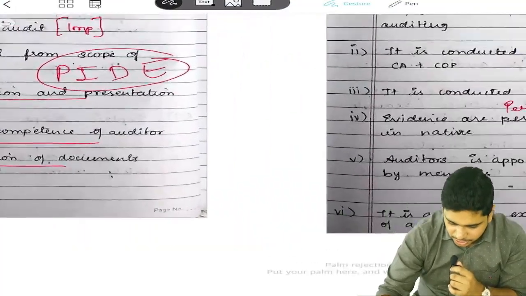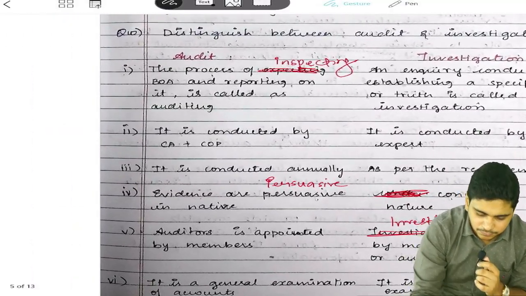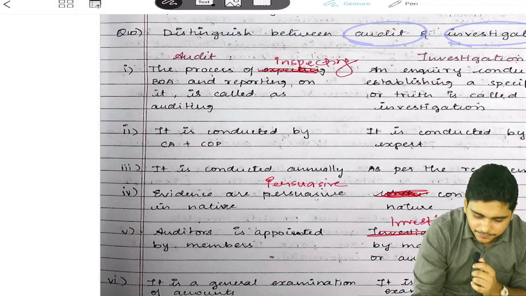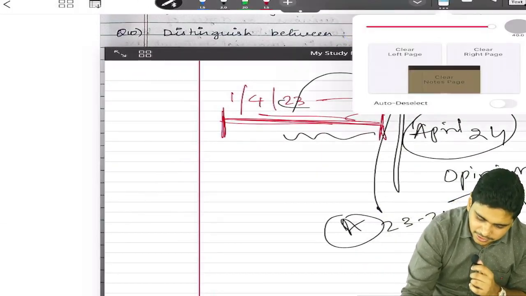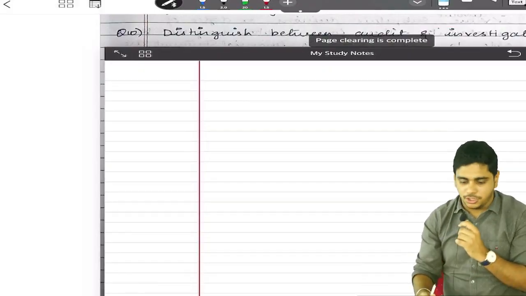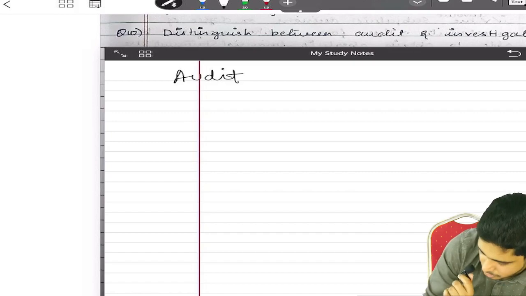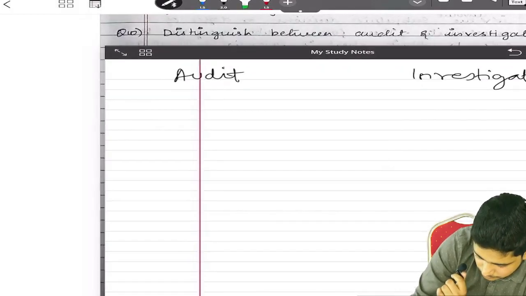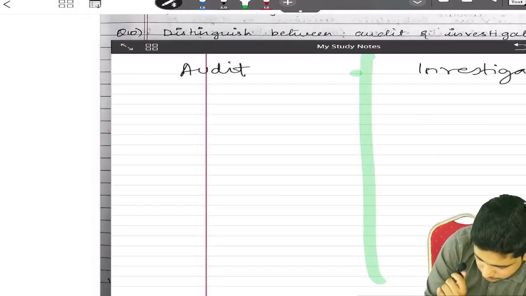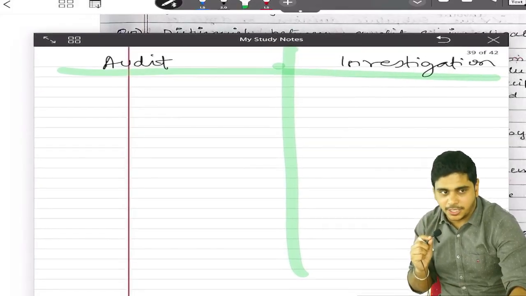Now, there's a distinction. It says distinguish between audit and investigation. Now, you are genius. You need to answer this. Audit may remind me of auditing, investigation may remind me of CID.